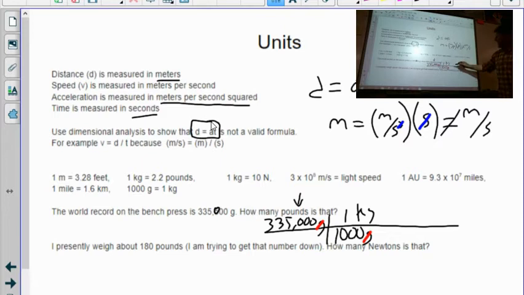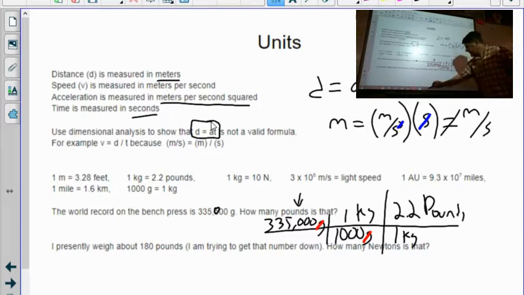And I'm going to be left with kilograms. So now I go from kilograms to pounds. And I'm going to say 1 kilogram is equal to 2.2 pounds. My kilograms are going to cancel out, and I'm going to have 335,000 divided by 1,000 times 2.2.